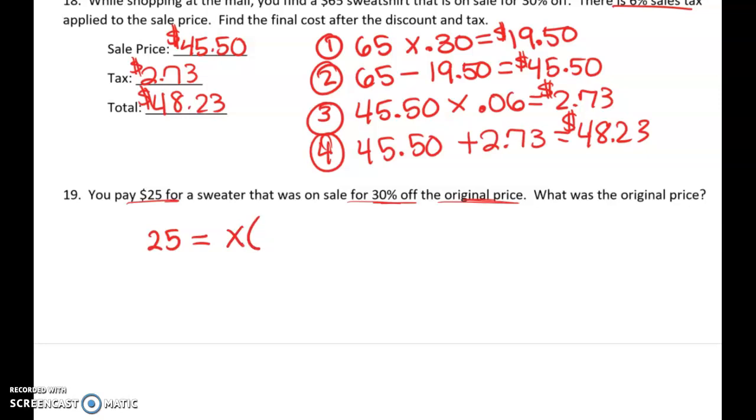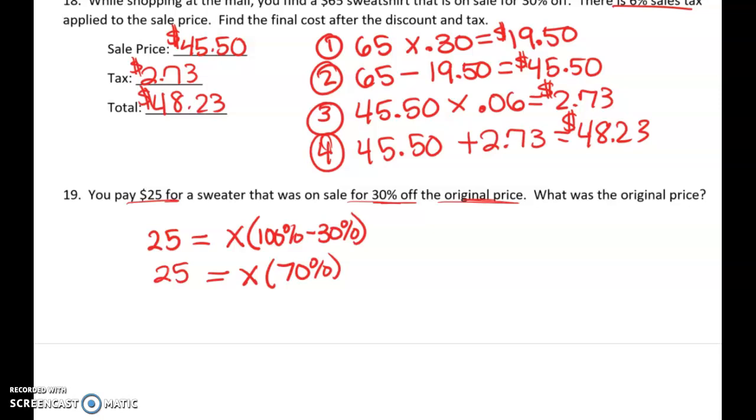So remember our formula said we do 100% minus 30%, because if we took 30% off, that means we actually kept 70% of the original cost. So I'm doing original cost, which is X, times 70%, because if I took 30% off, I'm keeping 70%. Okay, should equal my new cost.